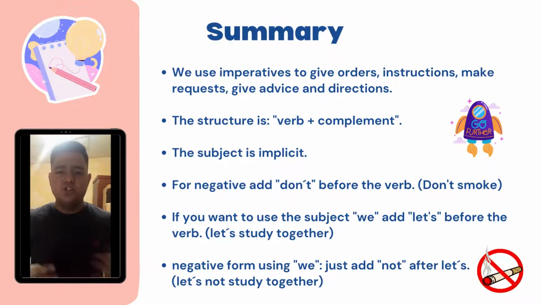For example, don't smoke. And also, if you want to use the subject we, add let's before the verb. For example, let's study together. And its negative form, if we want to use we, we just add not after let's. For example, let's not study together.